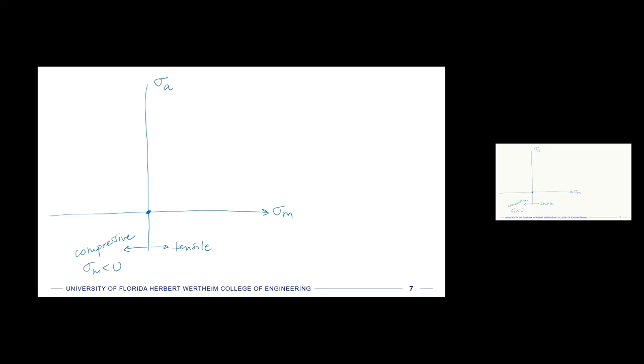So we have to find a way to combine these two into some sort of design criteria that gives us something called sigma N, okay? And sigma N is going to be defined as the fatigue strength at N cycles on the S-N curves.